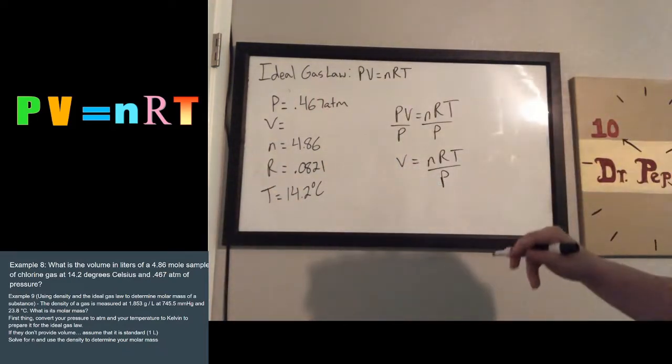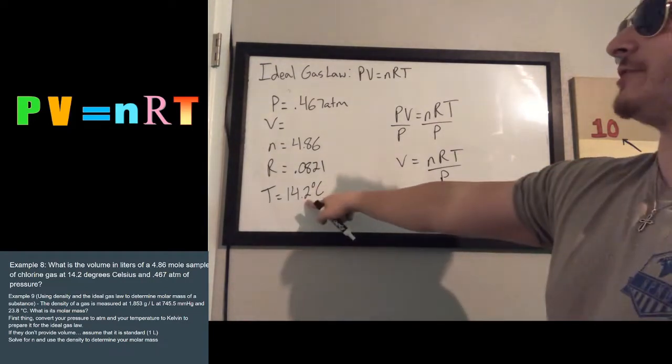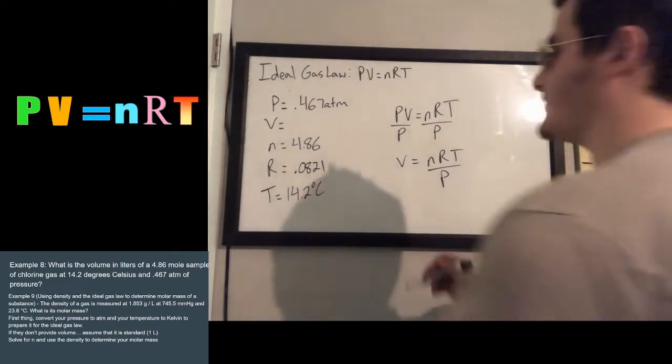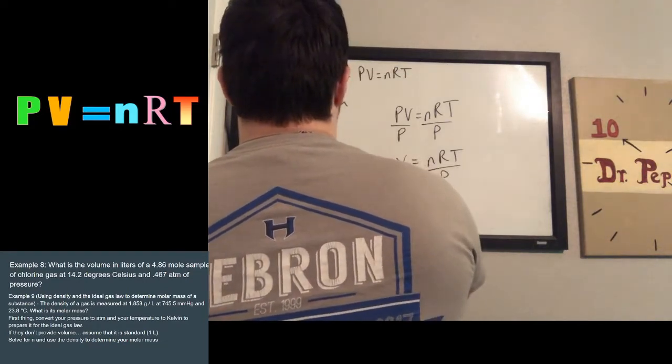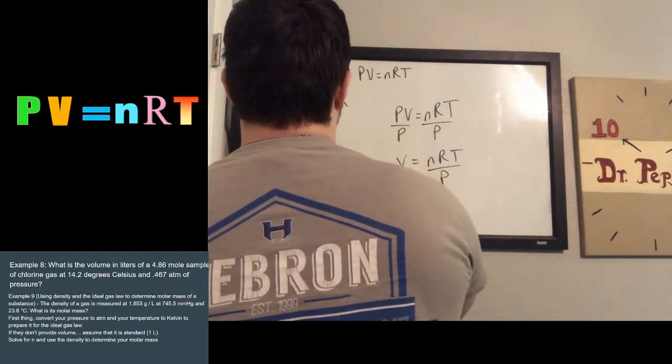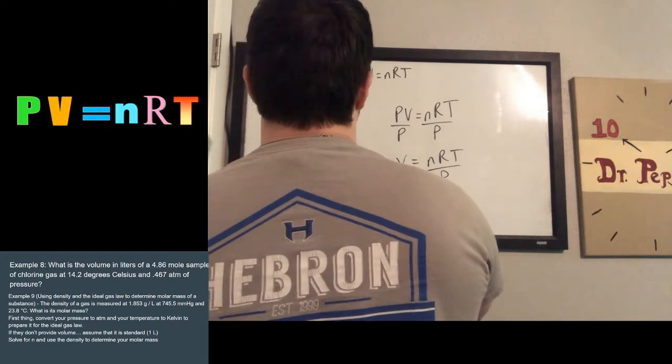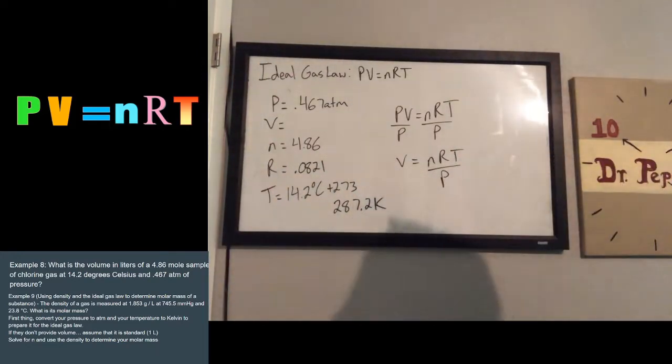And before we go to plugging and chugging in our values, make sure that your temperature is in Kelvin. So we're going to add 273 to this guy. We did not forget that one. And so our Kelvin is 287.2, like so. Now plug and chug. And keep in mind your answer is going to come out as liters.